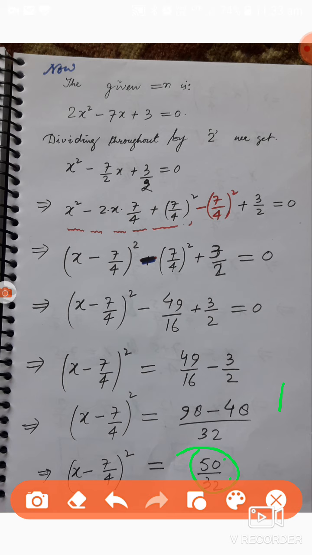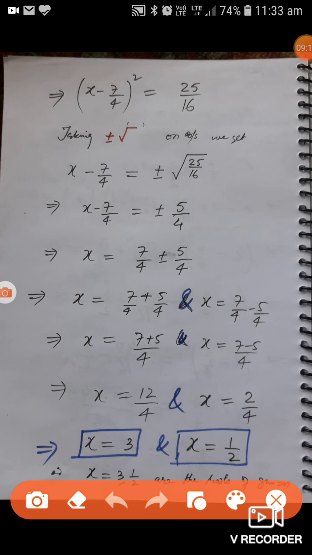Now it can be further simplified. Dividing the numerator and denominator by 2, we get (x − 7/4)² = 25/16. Now in order to find the value of x, you have to take the square root on both sides.